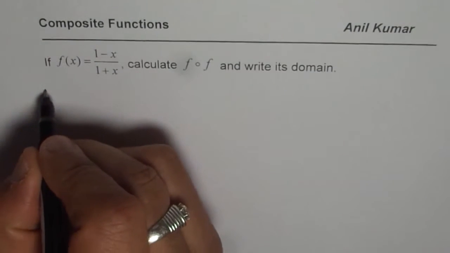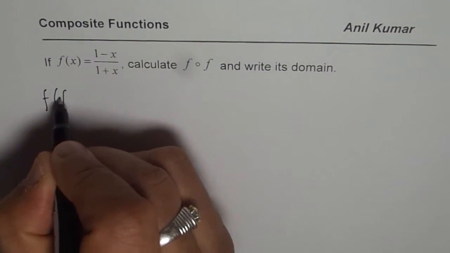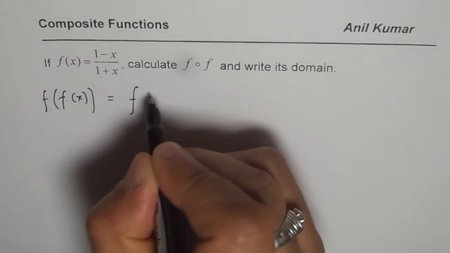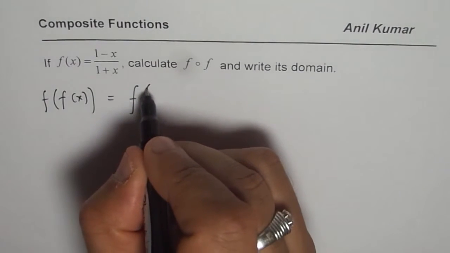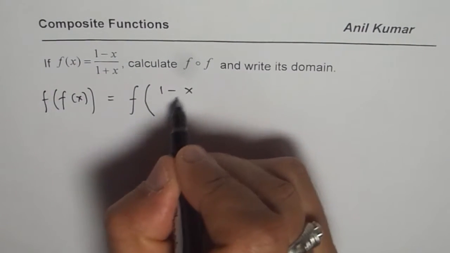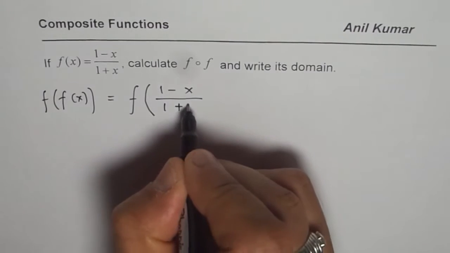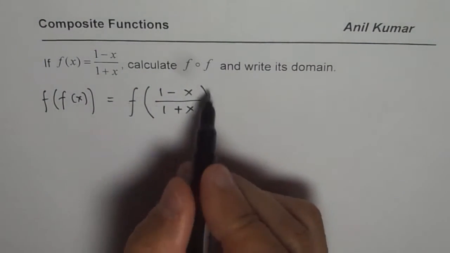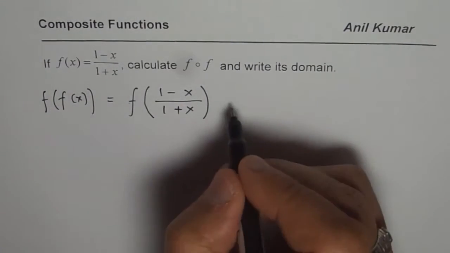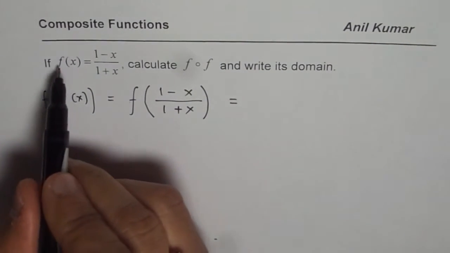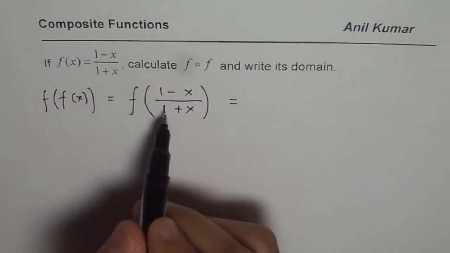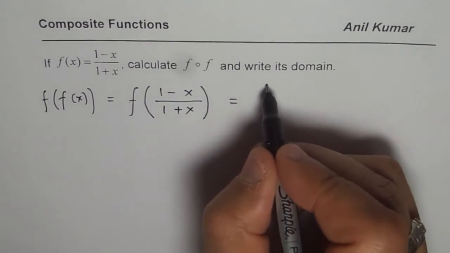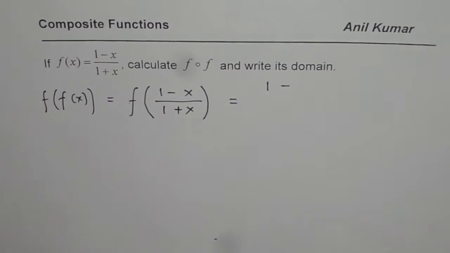So basically we want to find f of f of x, correct? f of x is given to us as 1 minus x divided by 1 plus x. Now, in this function we have to replace x with all of this.